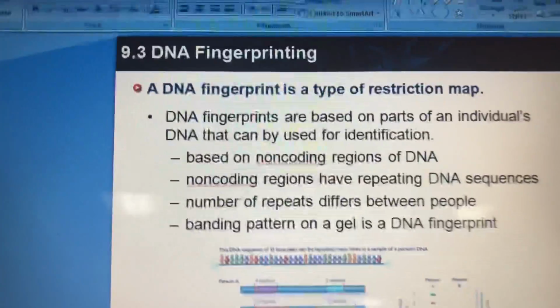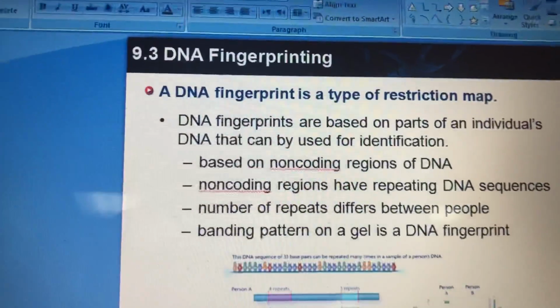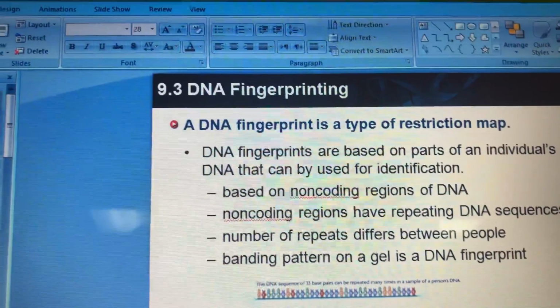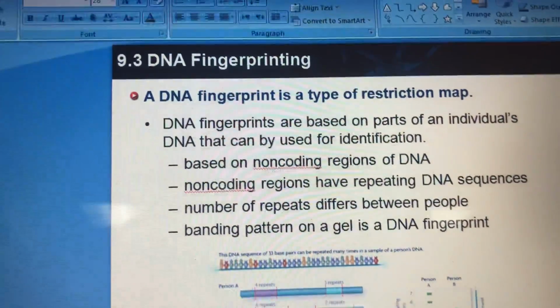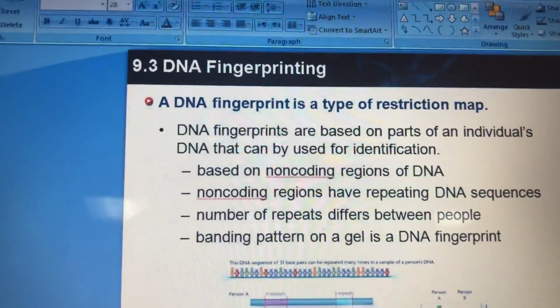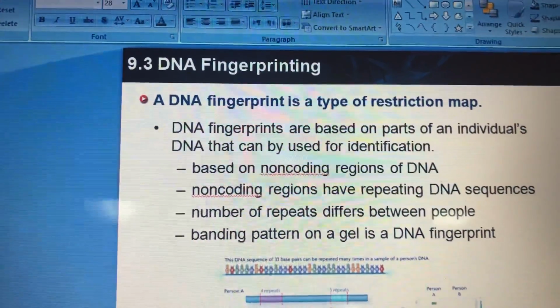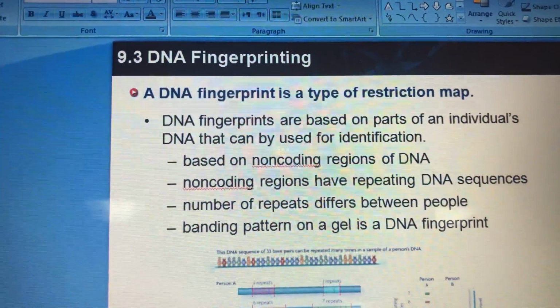As a reminder, we learned before that restriction maps are formed by first cutting the DNA into fragments, then separating the DNA fragments using the technique called gel electrophoresis.